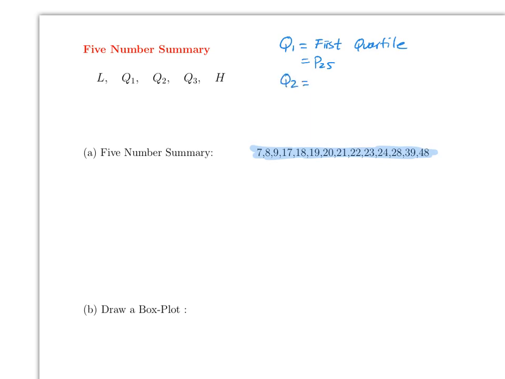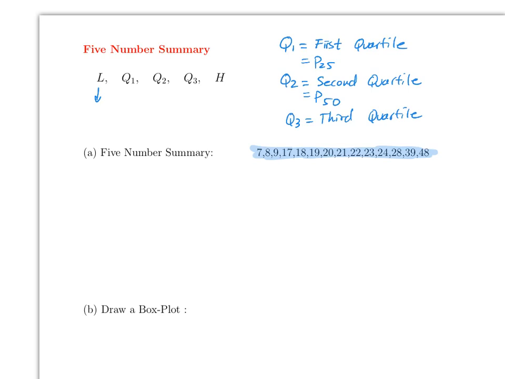Then Q2 is going to be the second quartile, which again makes sense because 2 quarters is equal to 50 cents. And finally, Q3 is going to be the third quartile, or 3 quarters is 75 cents.